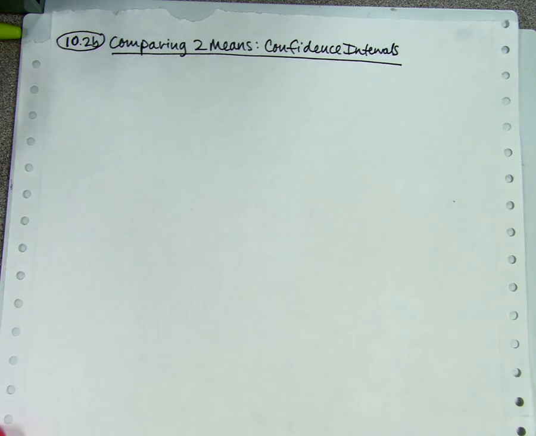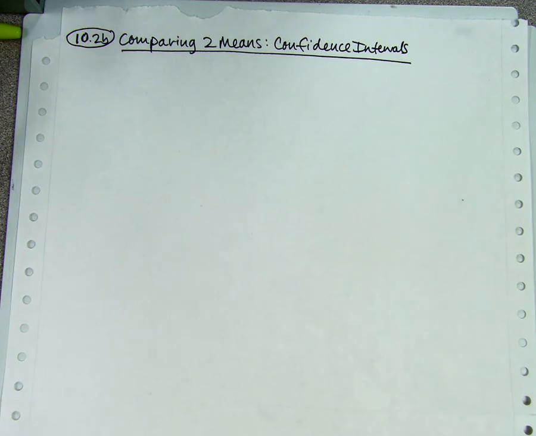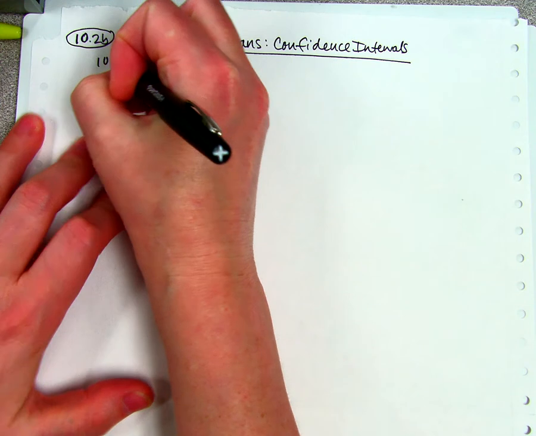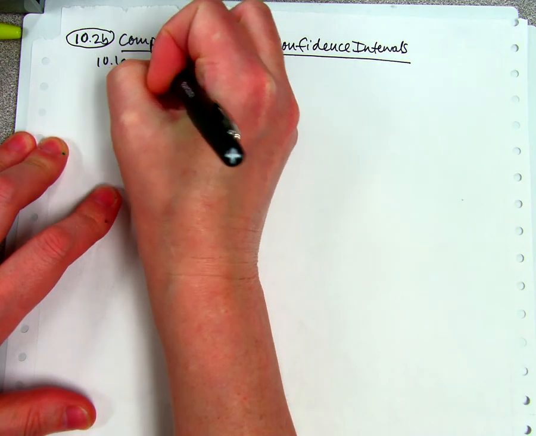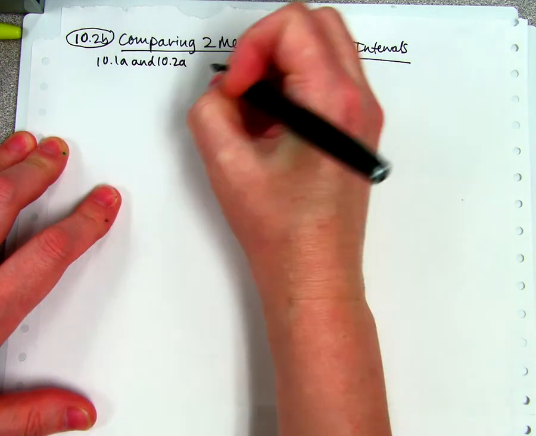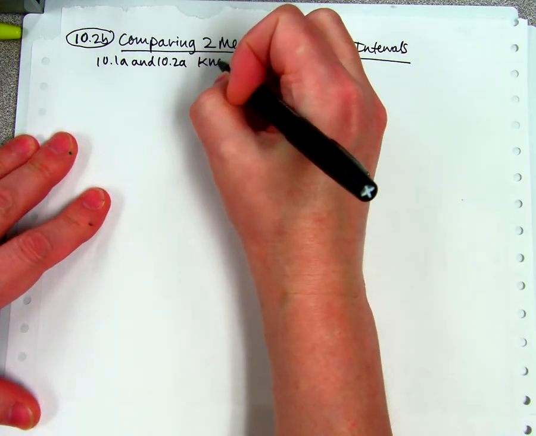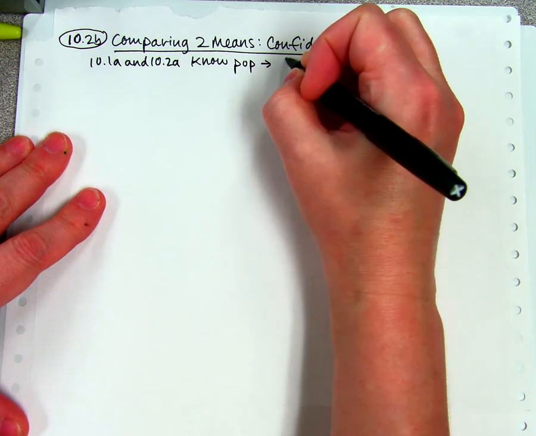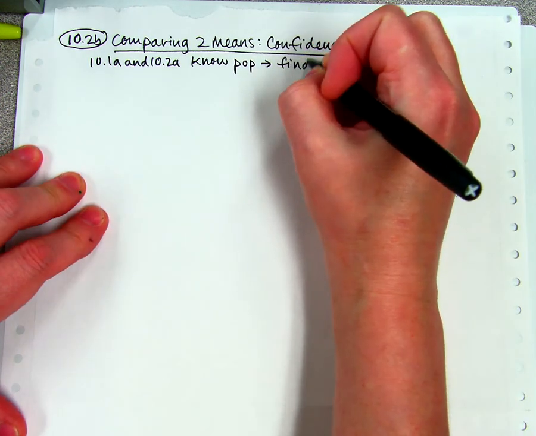Hello, Stats class. Here's lesson 10.2b, and I want to remind you that in 10.1a and also 10.2a, we started by knowing the population values, and then we found a probability about a sample.